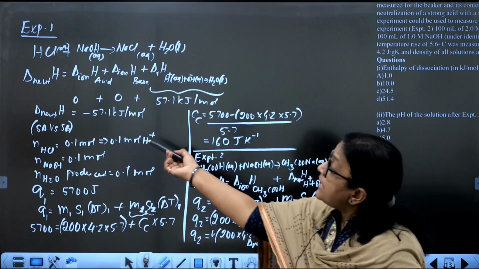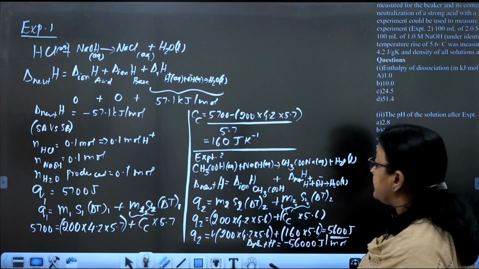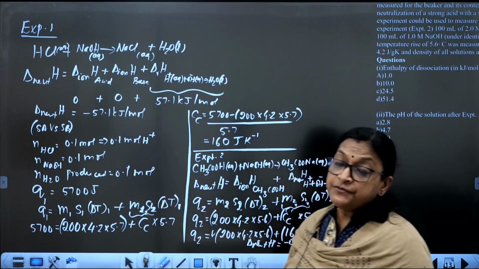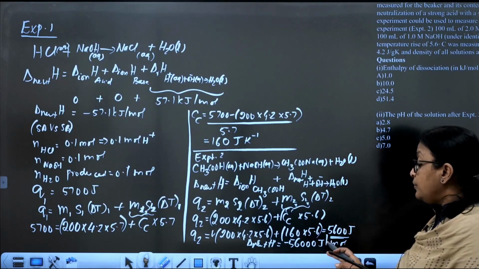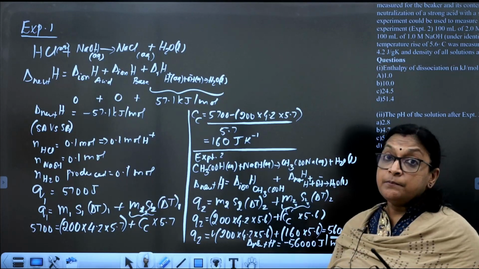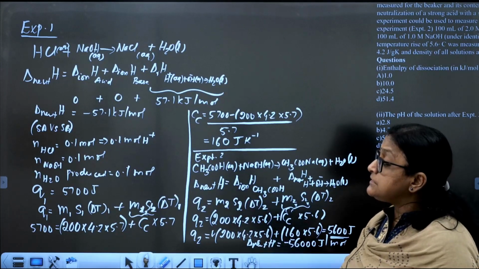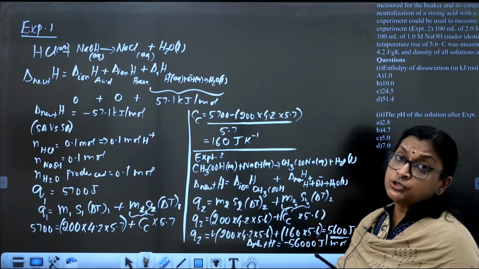For this reaction, the enthalpy of neutralization should be written in negative, minus. Here the enthalpy of neutralization is 57,000 joule for 1 mole water formed. And when a weak acid has come in, the enthalpy of neutralization is minus 56,000 joule per mole. There it is minus 57,000 joule per mole. Here it is minus 56,000 joule per mole.